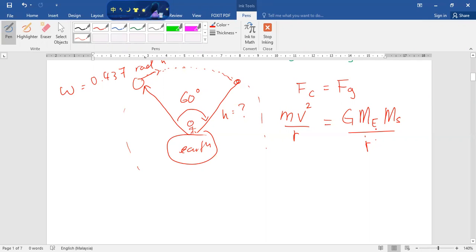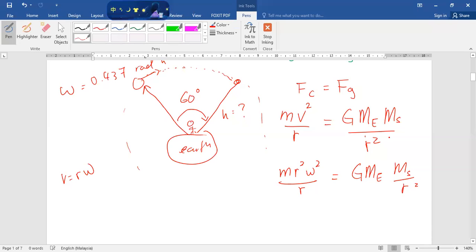Okay, so as we know, in mv squared over r, v is equal to r omega, where we need to convert it. So m r squared omega squared over r is equal to G M_E m_s over r squared.